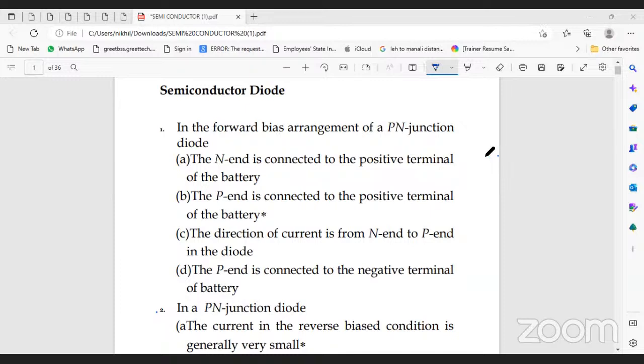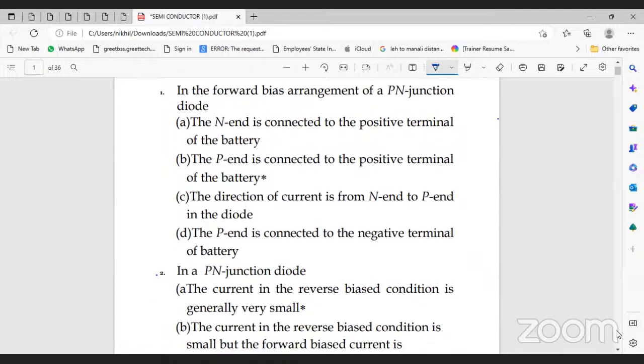In today's session, let me discuss the concepts of the semiconductor diode and the logic gates. As I said, this is a completely theory-oriented chapter, students, so let me discuss some theory concepts.